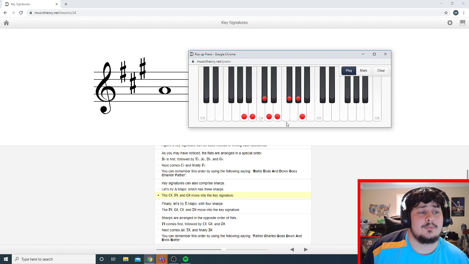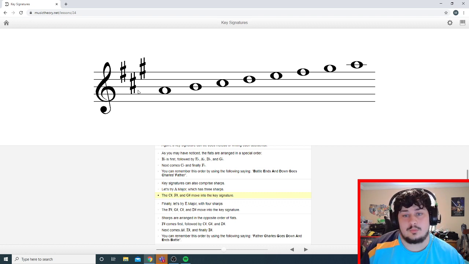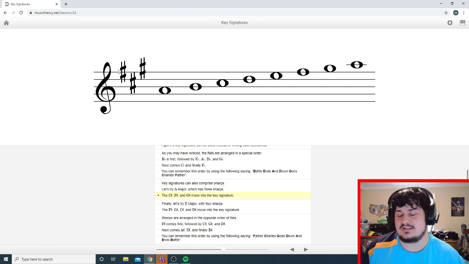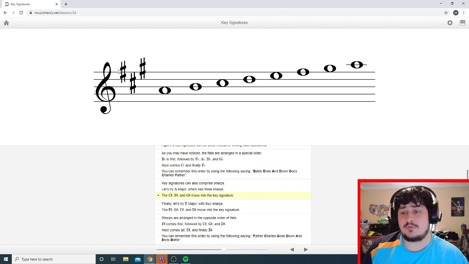Now that goes the same for flats. The flats are generally on the black keys as well. Now the reason I know that this is A major is because it has 3 sharps. But if you didn't know the name, here's how you figure it out.